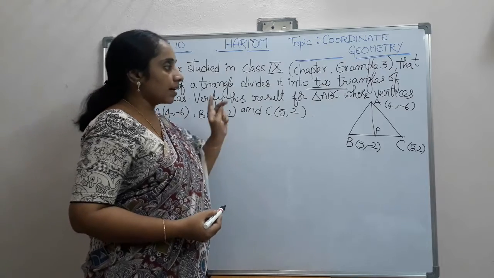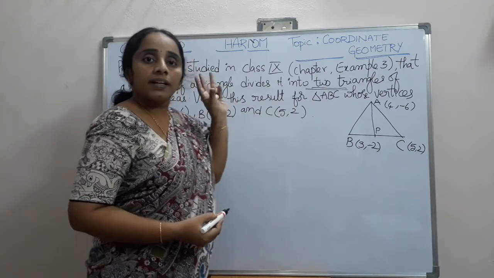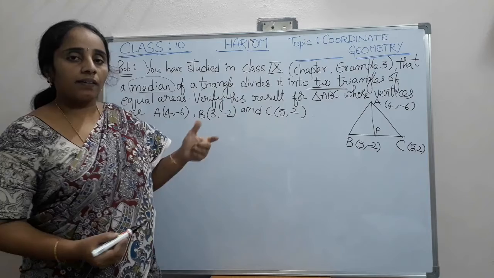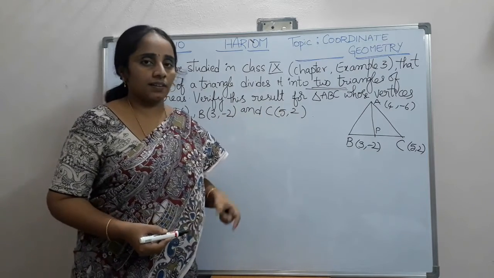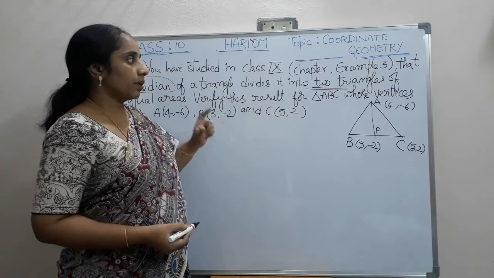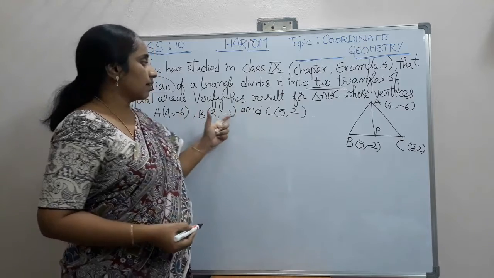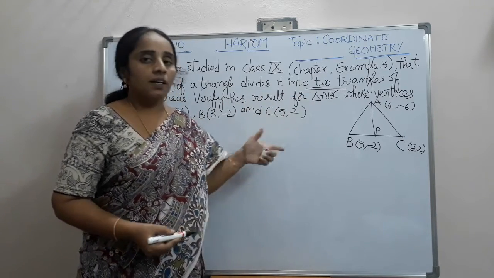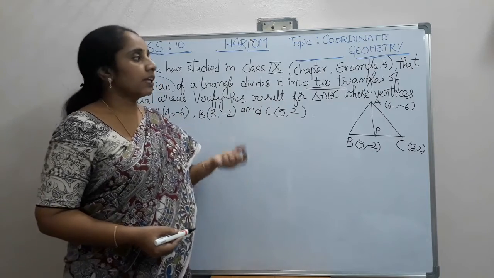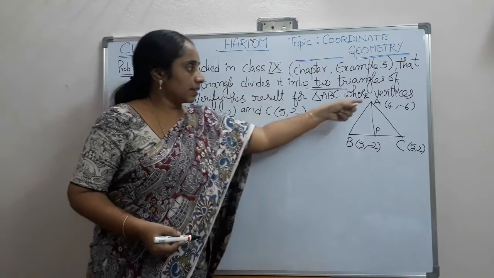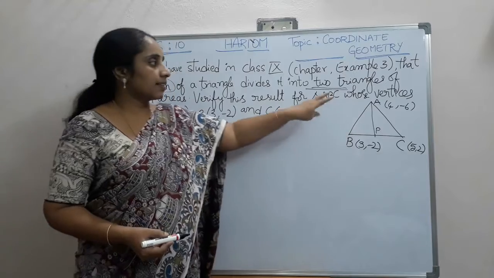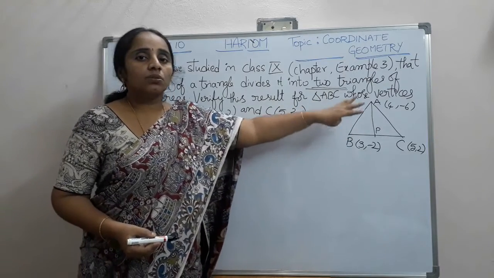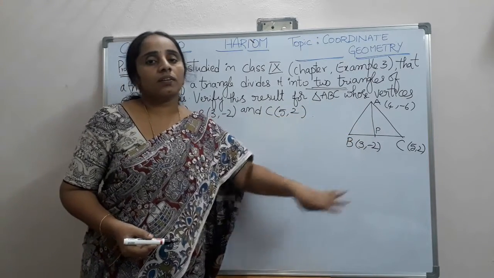We have learnt that concept already in 9th class. Now, using coordinate geometry with vertices, we are going to prove whether the median divides the triangle into two equal triangles or not.